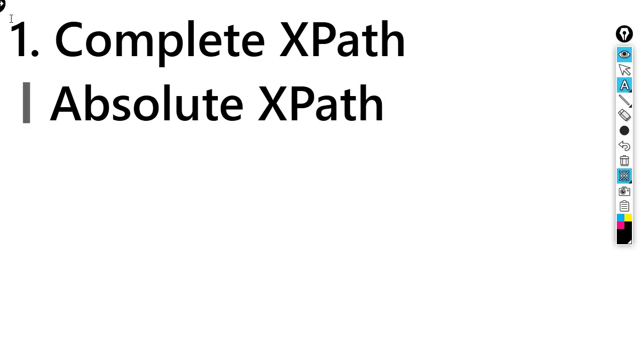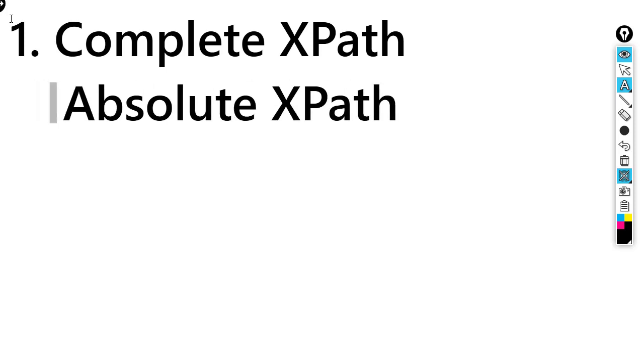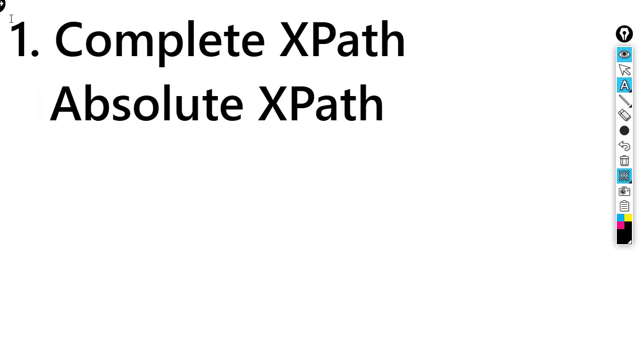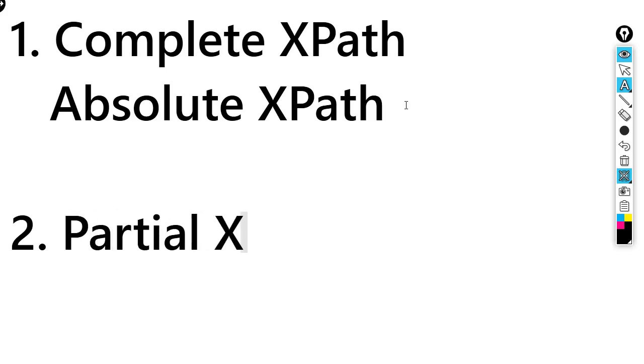No need to worry if you see the absolute XPath name somewhere. It is the same thing that we have over here, that is complete XPath, right? What is the next thing then? The second type is the partial one, right? We call it relative XPath as well.